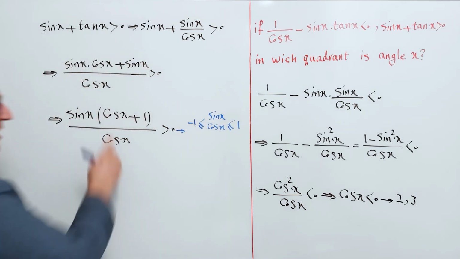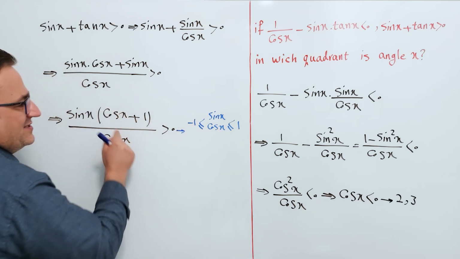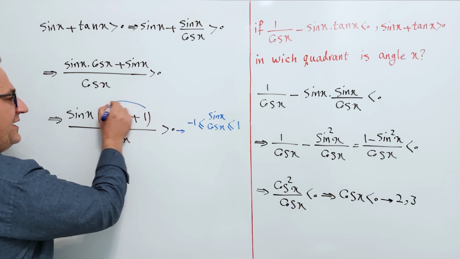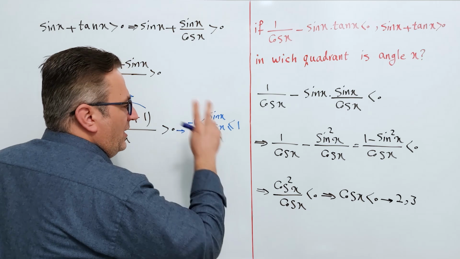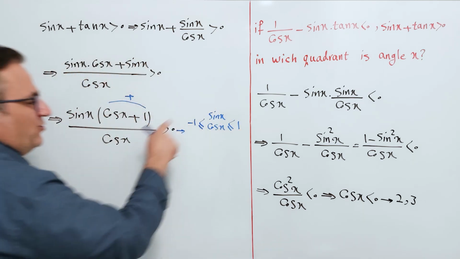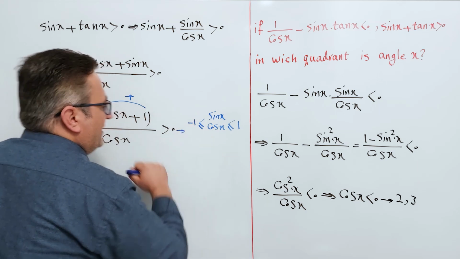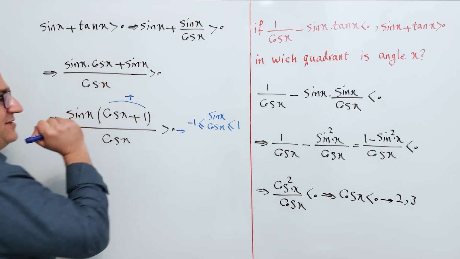Okay, so cosine x plus 1 is positive here, because the maximum value of cosine is 1 and the minimum value of cosine is -1. So cosine plus 1 is positive.